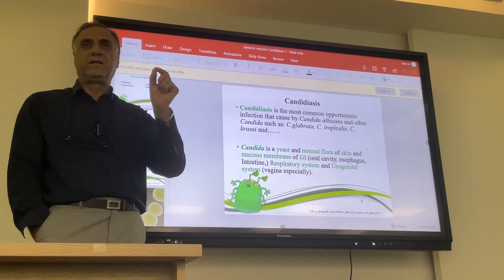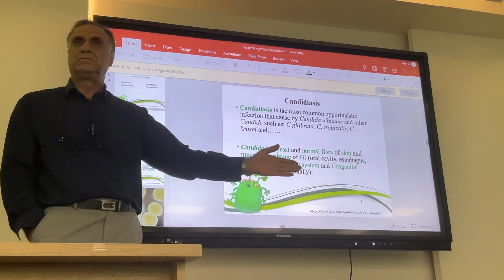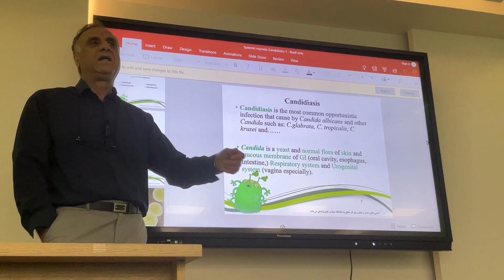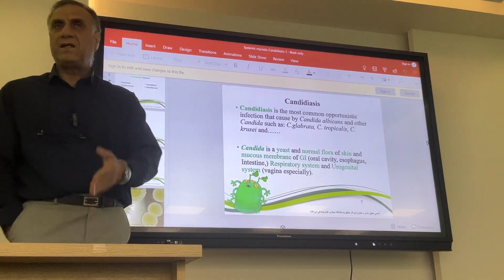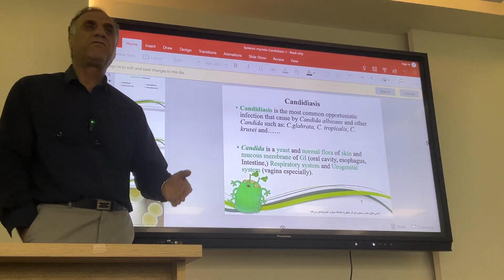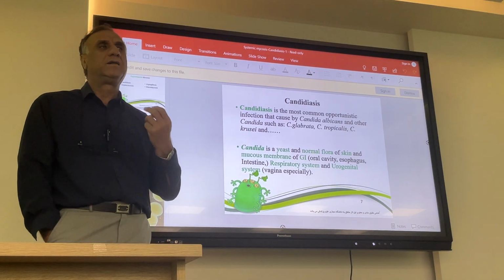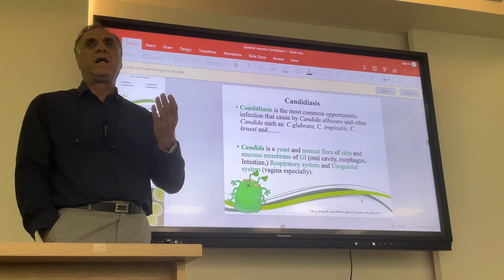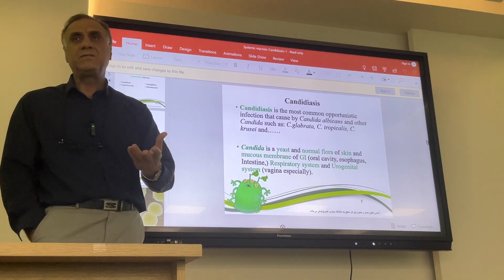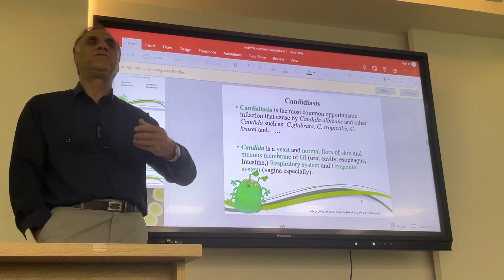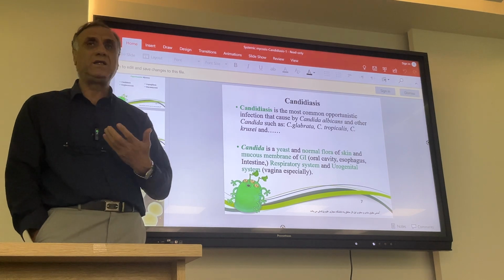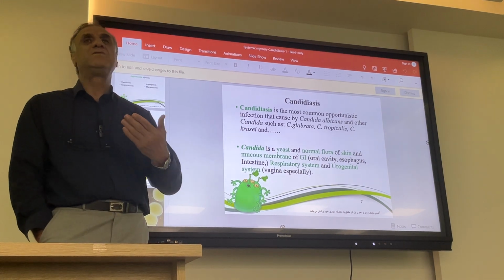If you have a microorganism, for example Candida, on the surface of skin or the surface of mucous membrane of an internal organ, and you find it sometimes in the body, it is normal flora.